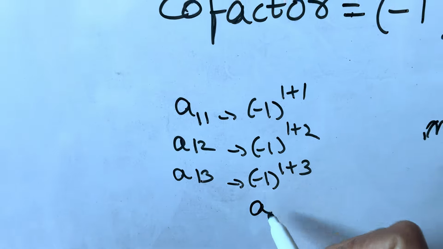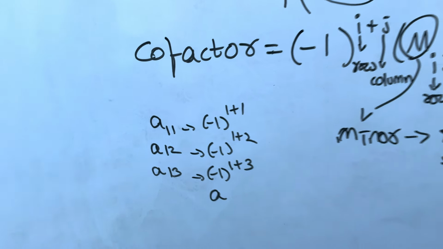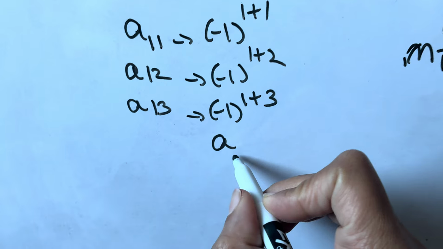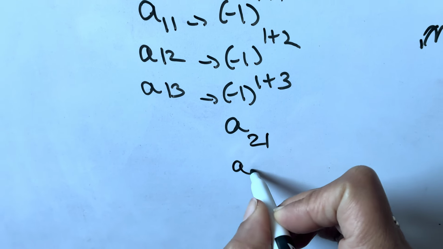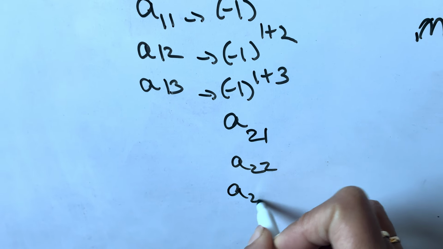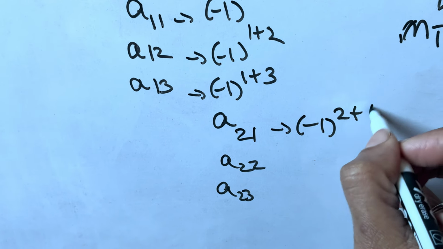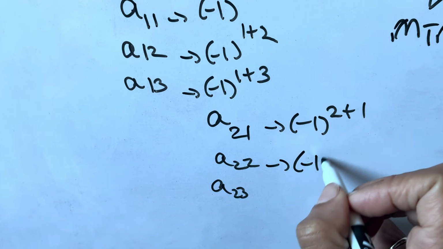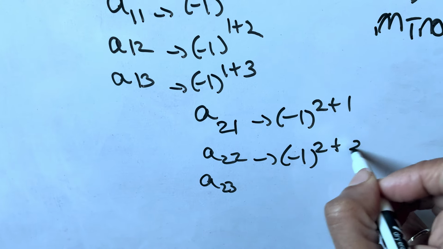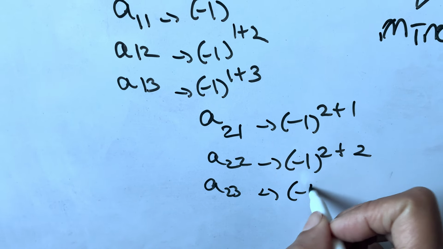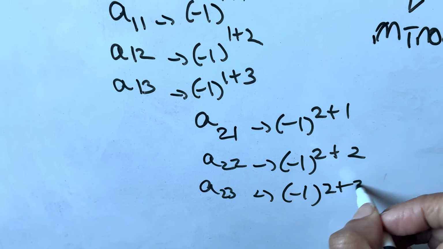Likewise for the other elements of the second row, A21, 2 2, and 2 3. So I can write it as minus 1 power 2 plus 1, minus 1 power 2 plus 2, and minus 1 power 2 plus 3.